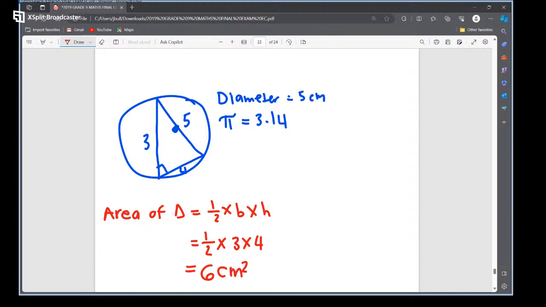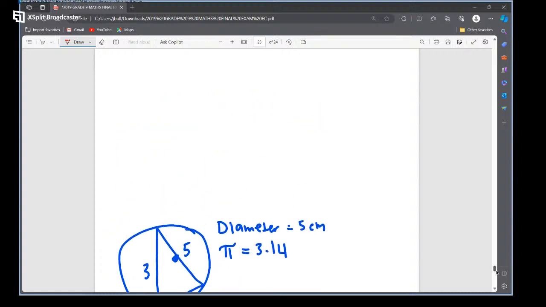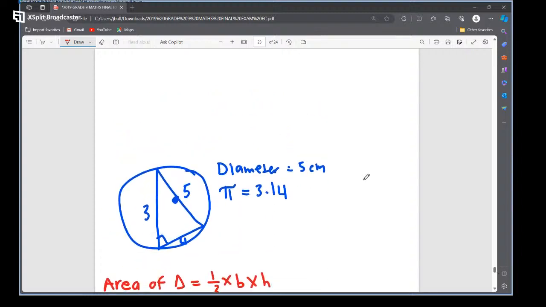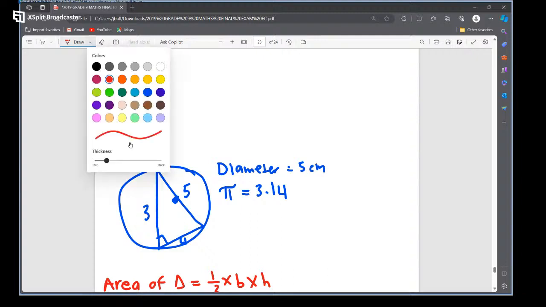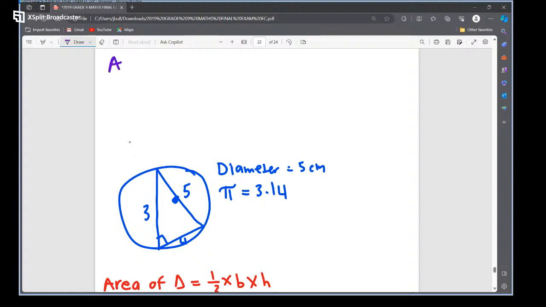Then they also want us to work out the area of the circle. Again, area of the circle is something that you have to remember the formula for. So let's just get a different color here. Okay, area of a circle, again, you would get a mark for just writing this formula.